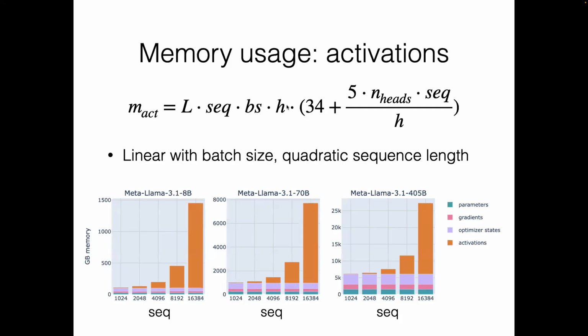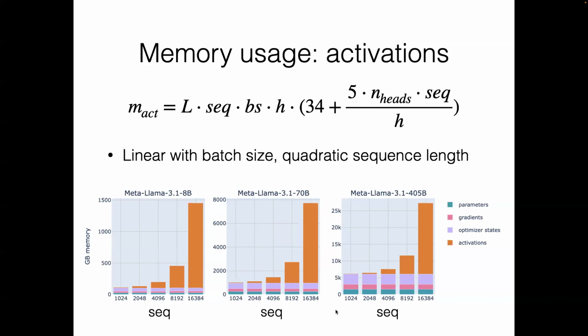So here you don't have to worry about the exact details, but here's an estimate of how much memory is used by these activations. And you can at least see some interesting things: it'll increase linearly with the batch size, and actually increases quadratically with the sequence length due to the attention. And then here's another visualization of how memory is consumed as you increase the sequence length.